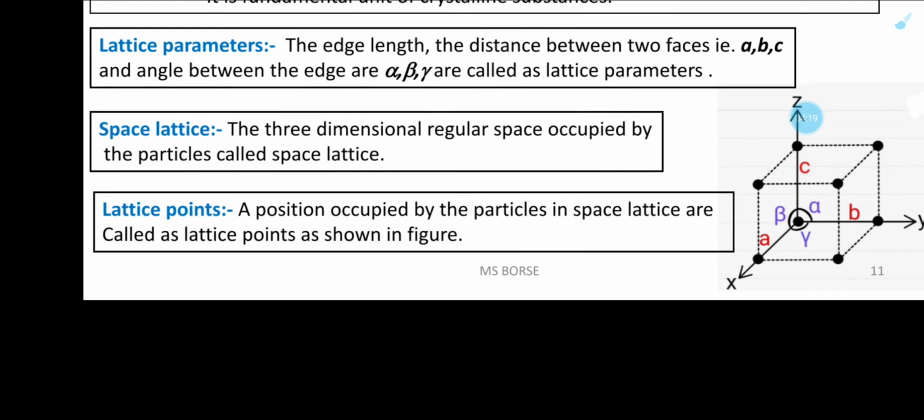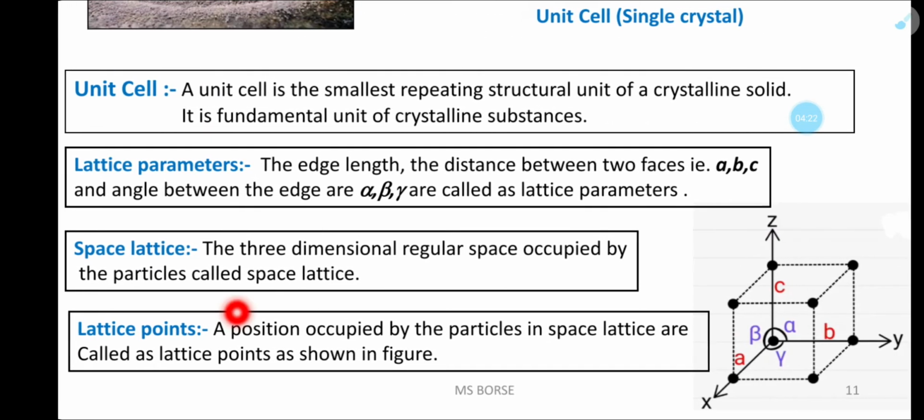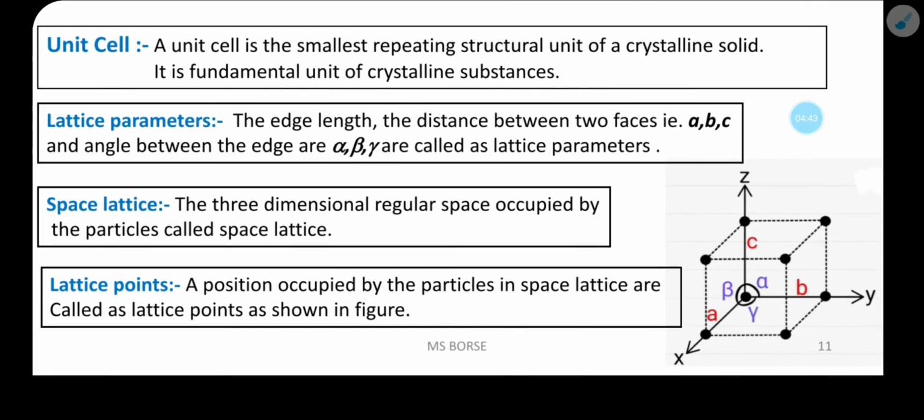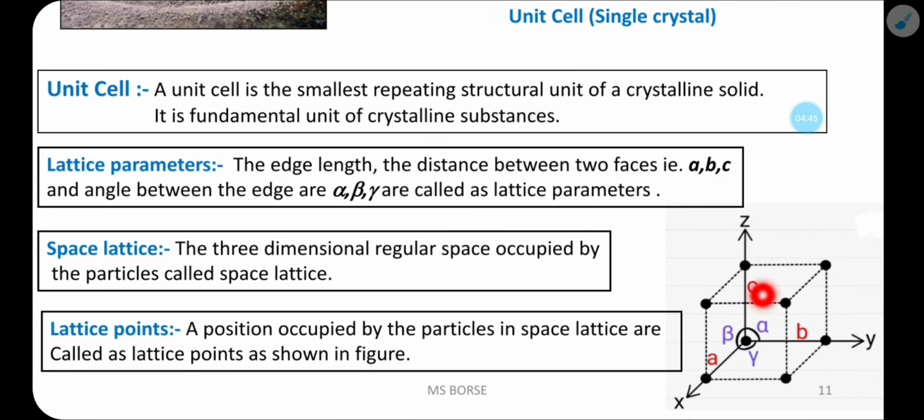And the fourth terminology for the crystal is lattice point. Where is the lattice point? A position occupied by the atoms, ions, or molecules in a space lattice is called a lattice point. If you see the figure, these black solid dots are the lattice points, that means the positions occupied by the atoms in a crystal. Suppose this is a unit cell, a single crystal.